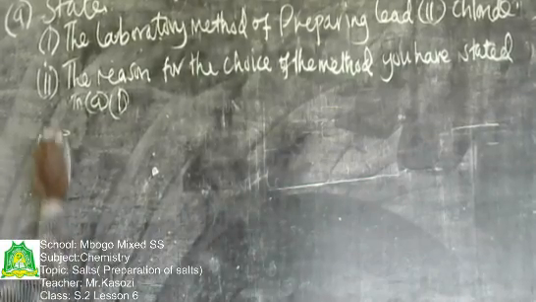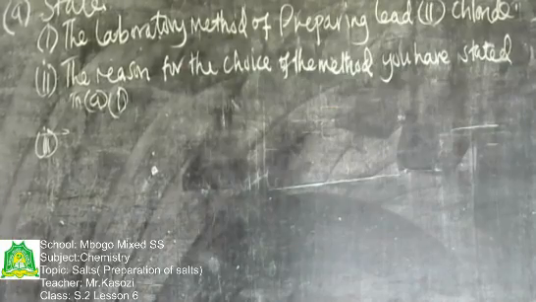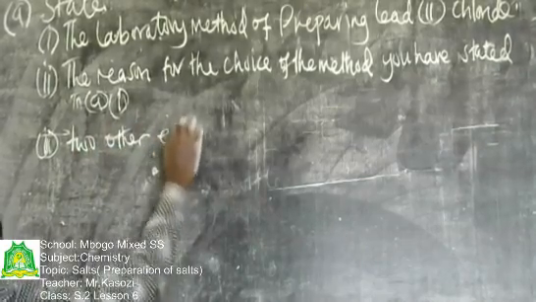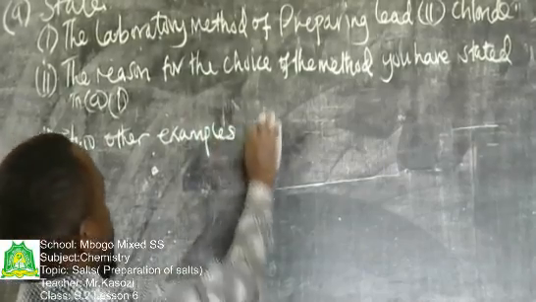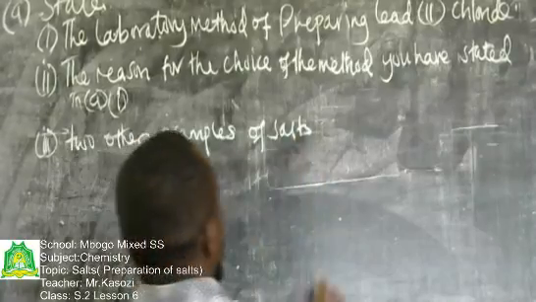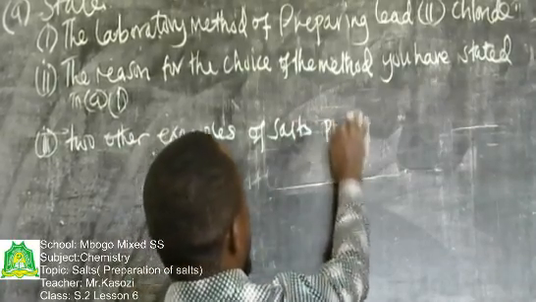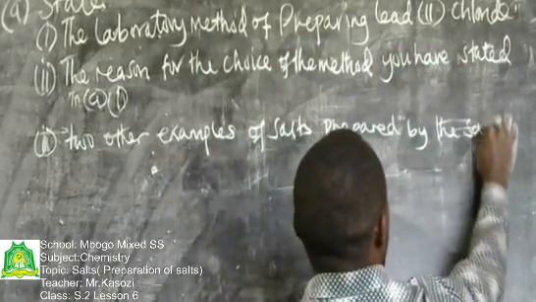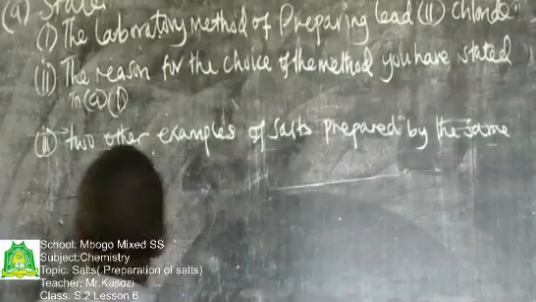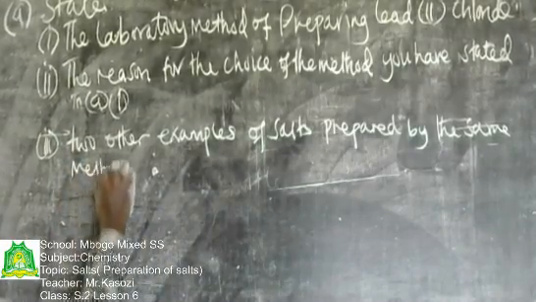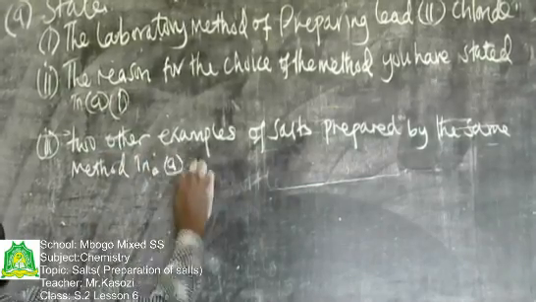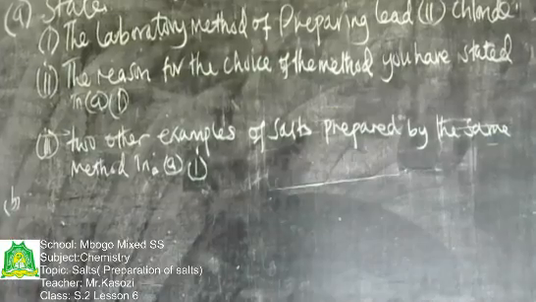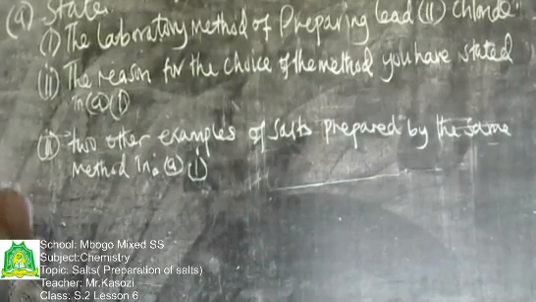Roman 3: two other examples of salts prepared by the same method as in A, Roman 1. Part B.